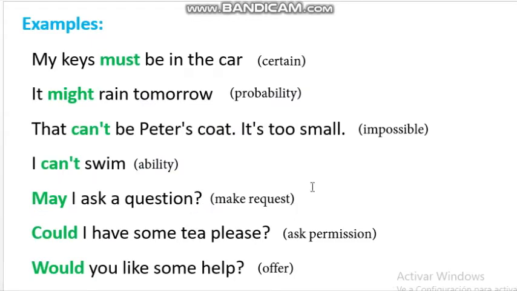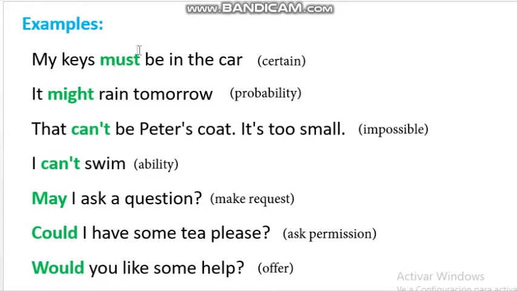We are going to see in the examples what these sentences show us.